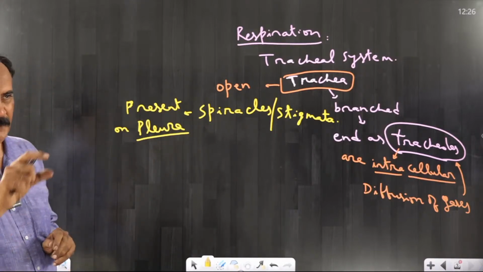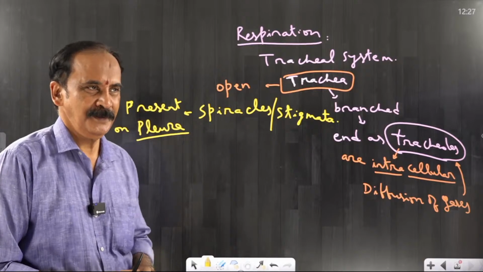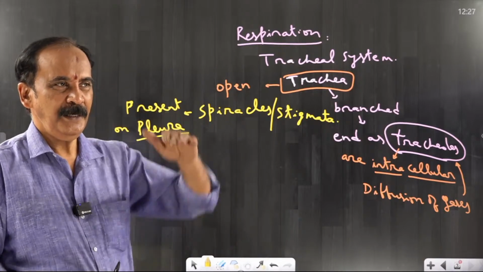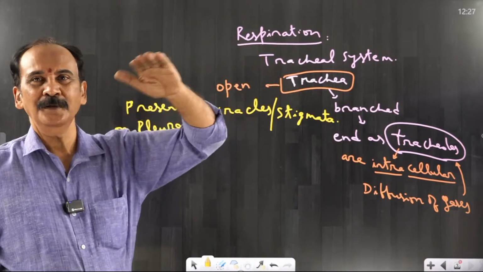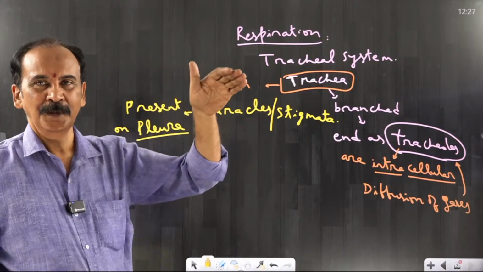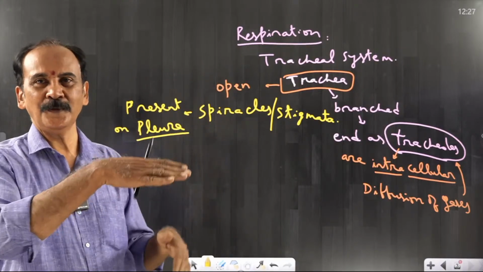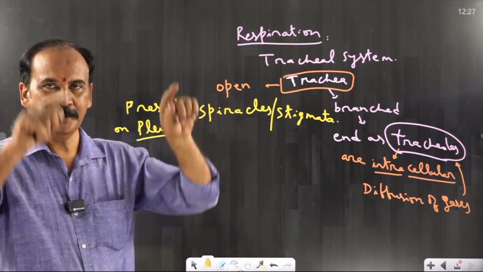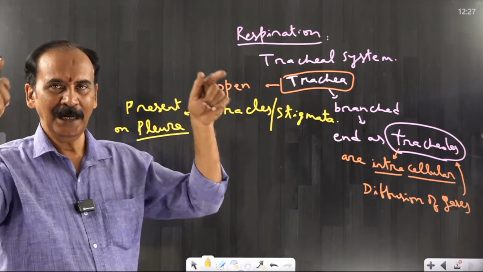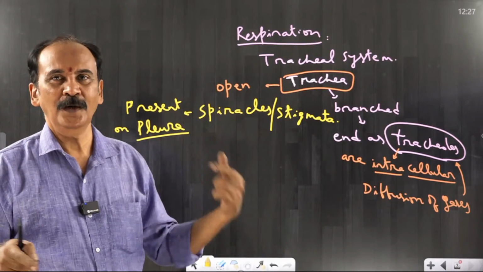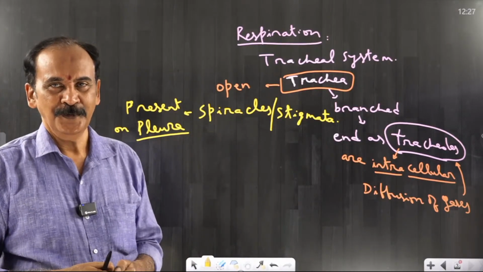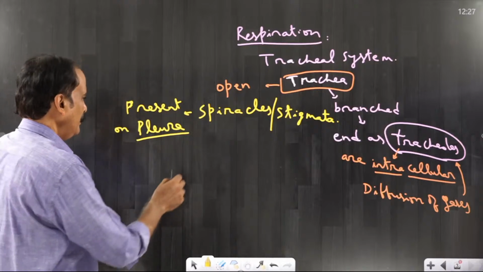Cockroach exoskeleton is present in the form of plates, right? The plate present on the dorsal side is called tergite or tergum. The plate present on the ventral side is called sternum or sternite, and the plates present on the lateral sides are called the pleura or pleurites. So spiracles are present on the lateral plates.